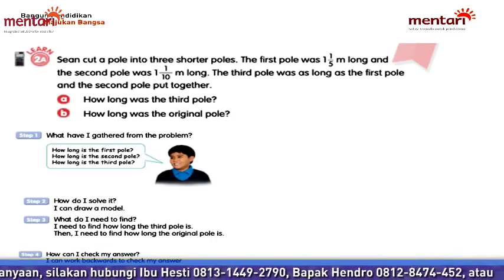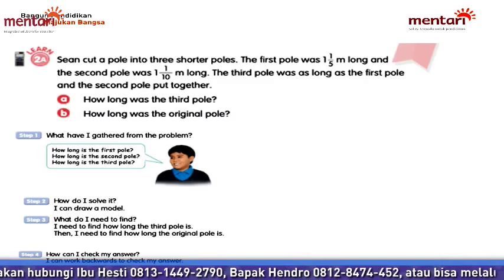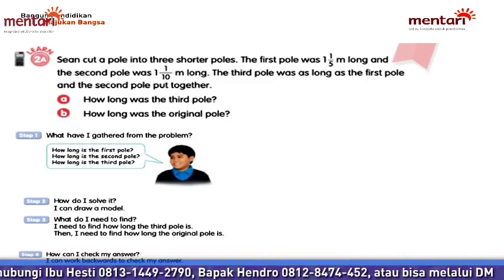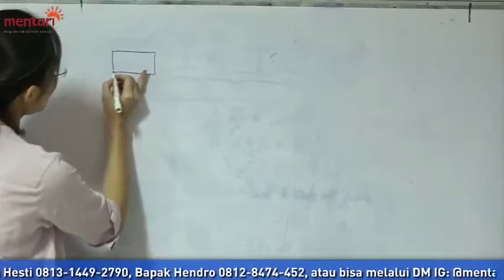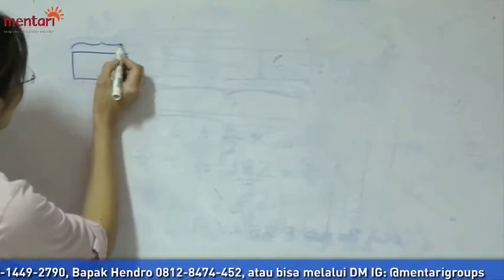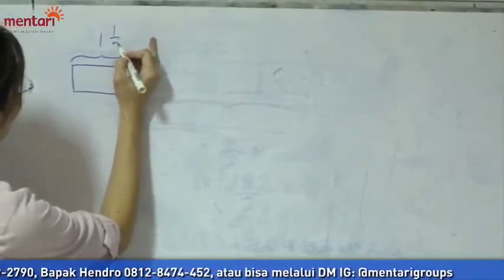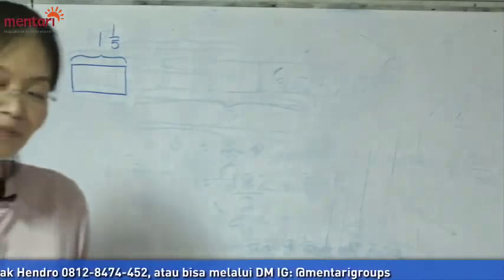Length is also a quantity. So we are going to use a rectangle to represent the length of each pole. The first pole is 1 1/5 meter long. So this will be the bar model to represent the first pole.